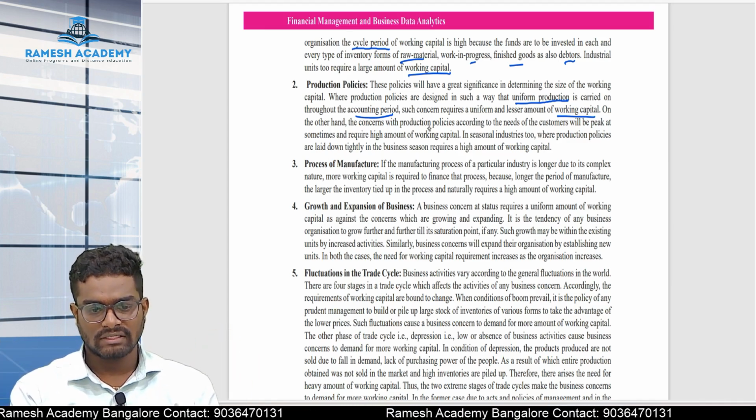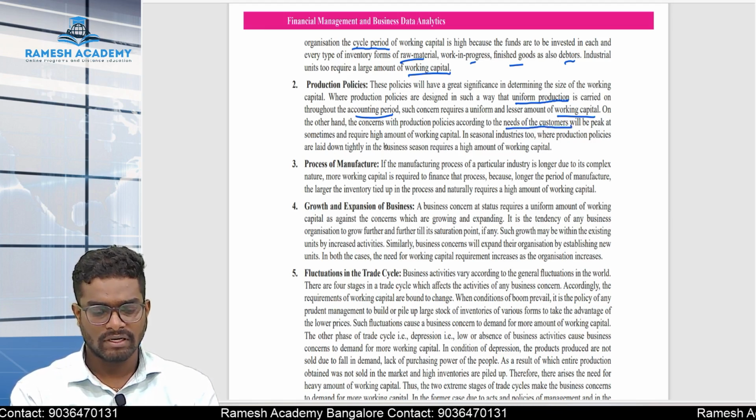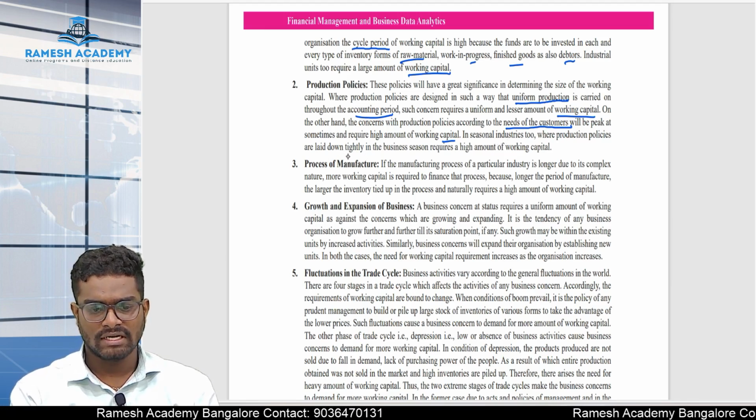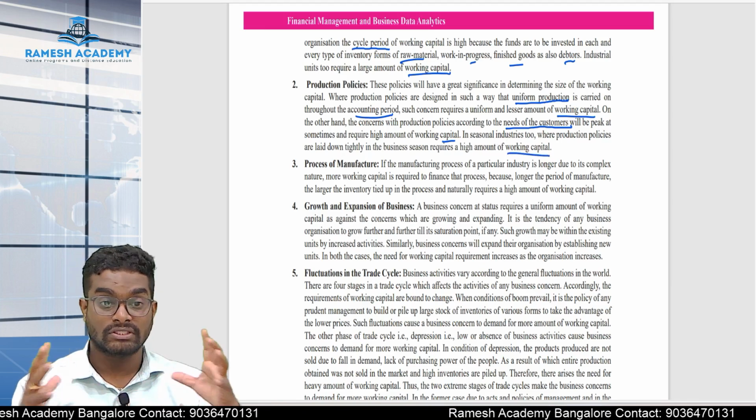On the other hand, concerns with production policies according to the needs of the customer will be at peak sometimes and require a high amount of working capital. In seasonal industries too, where production policies are laid down tightly in the business season, a huge amount of working capital is required. Sometimes there will be huge customer demand.